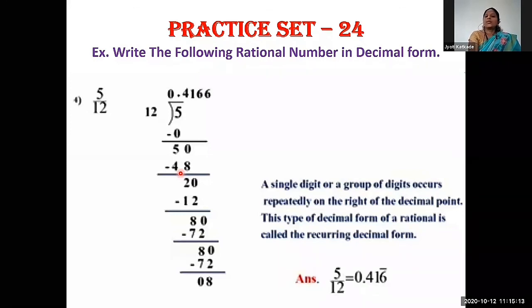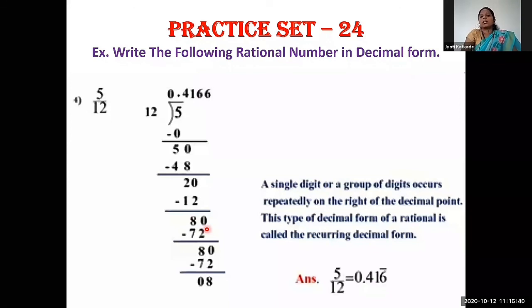Now subtract 48 from 50, we get 2. Then add 0 on 2, we get 20. 12 ones are 12, and subtracting 12 from 20 gives 8. Now add 0 on 8, there is 80.